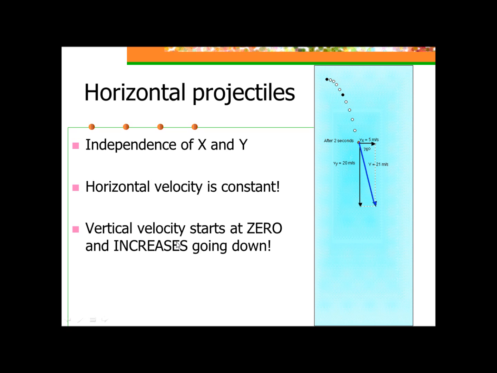The vertical velocity starts at 0 up at the top and increases going down. So it's 0, 10 meters per second, 20 meters per second, and 30 meters per second. It increases because of the acceleration due to gravity, which is negative 9.8. So horizontal is constant, vertical is affected by gravity and increases on the way down.